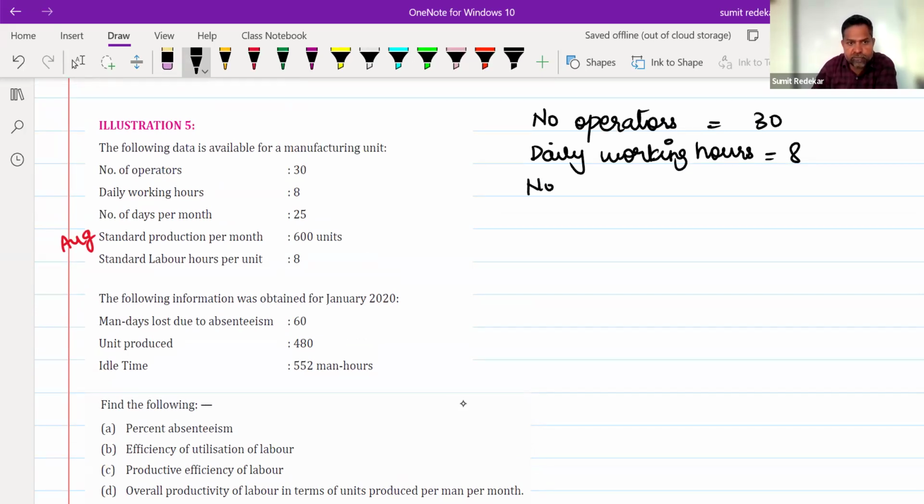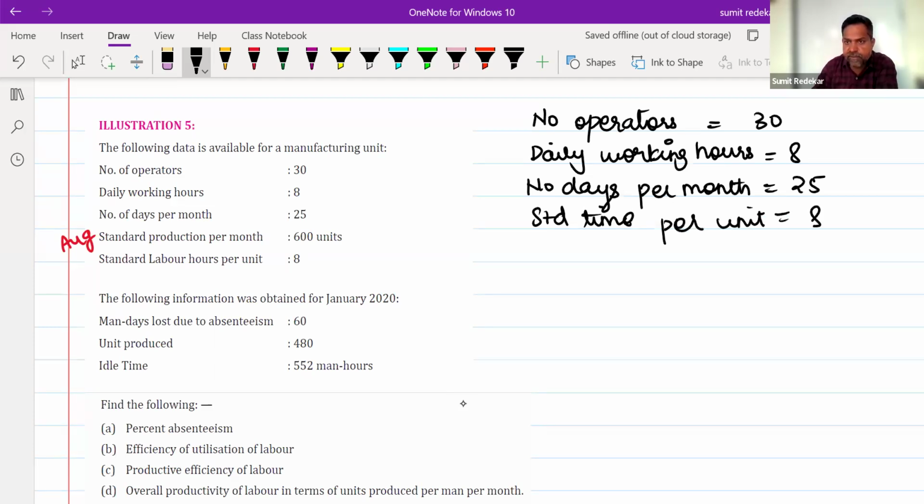Next, number of days per month is 25. Next is standard time per unit is 8.